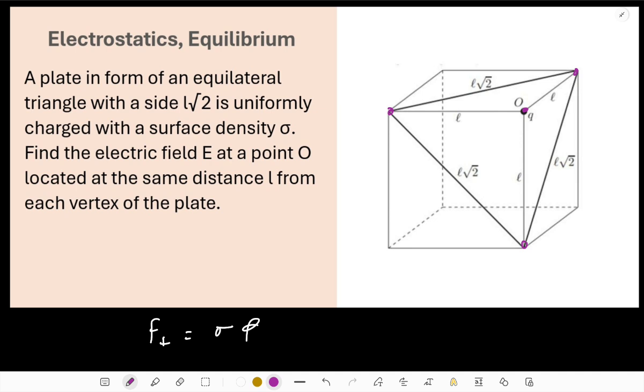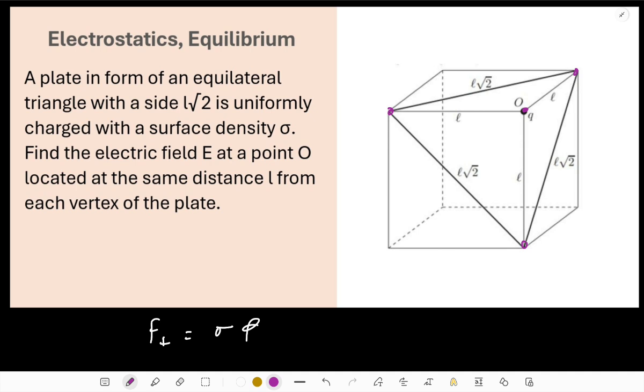According to Newton's third law, the same magnitude of the force F acts on the plate as well. If the plate exerts a force on a test charge placed at point O, the point O in return will exert the same force on this triangular plate.